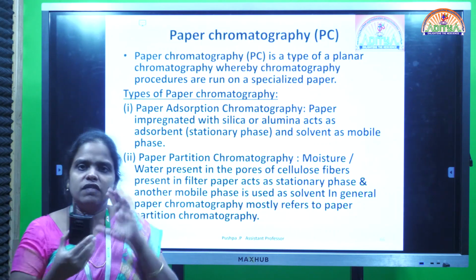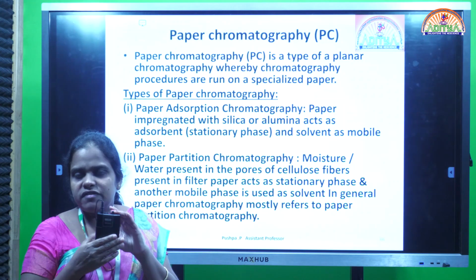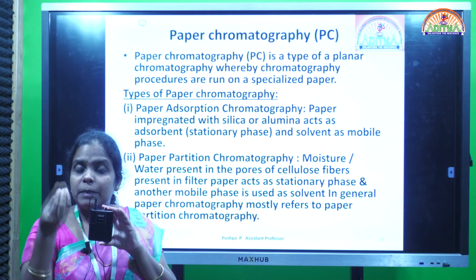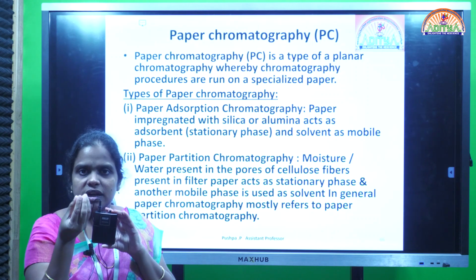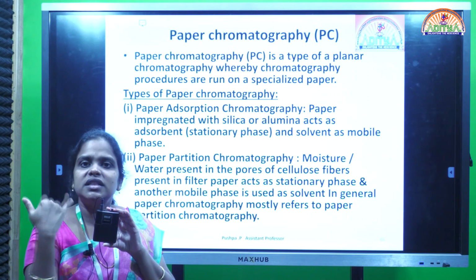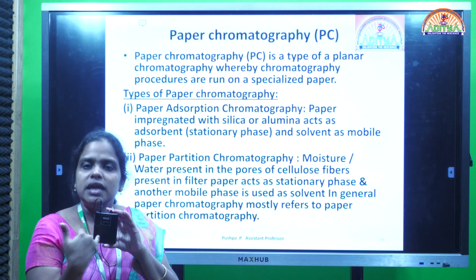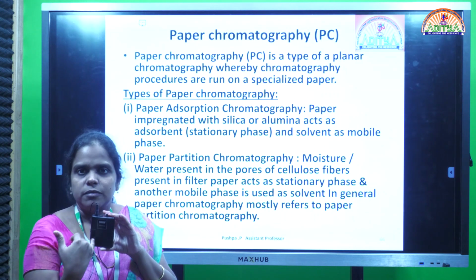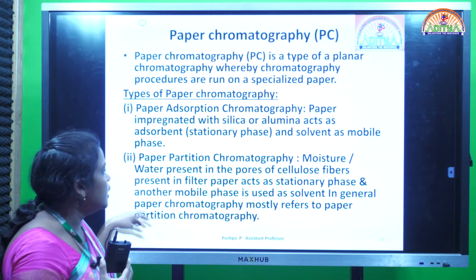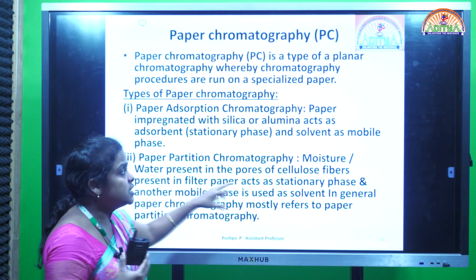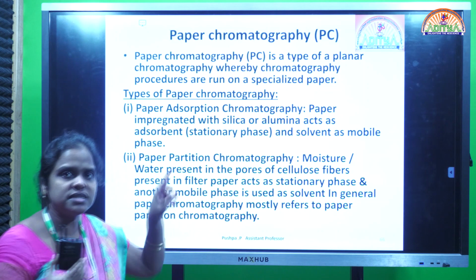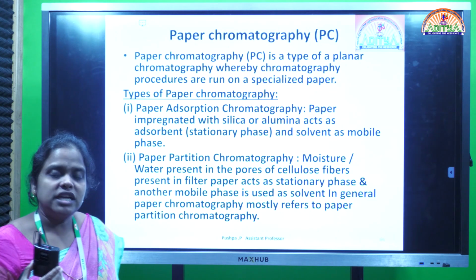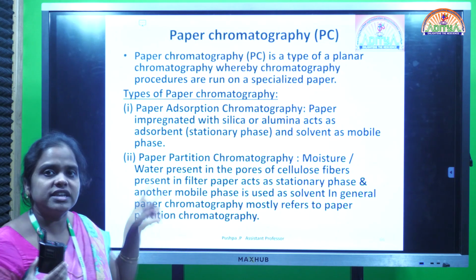Even though we are taking solid paper, it is a very special paper. It contains moisture content, that means liquid. Understood? The moisture or water present in the pores of cellulose fibers in the filter paper acts as the stationary phase. That's why we call the stationary phase liquid here.